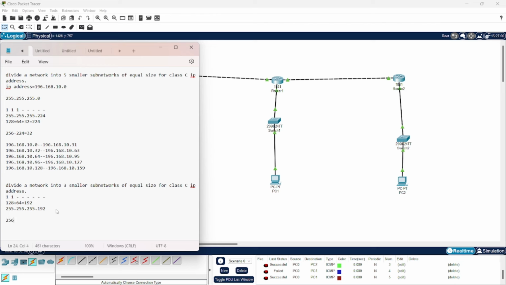And every connection could have 256 minus 192, that is 64 hosts.